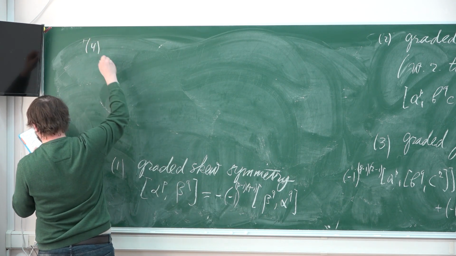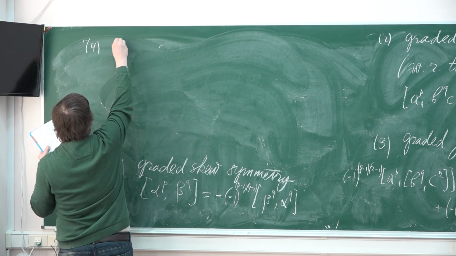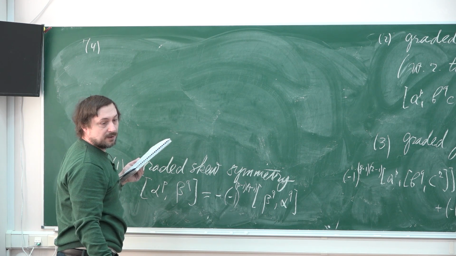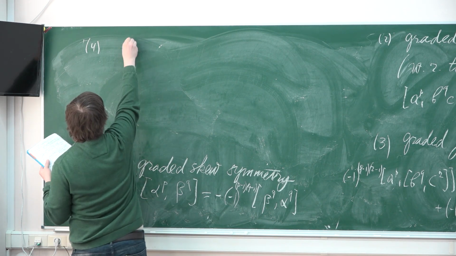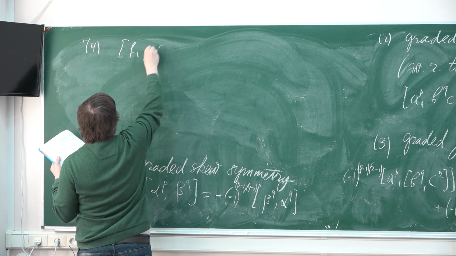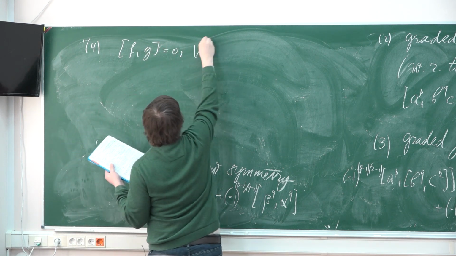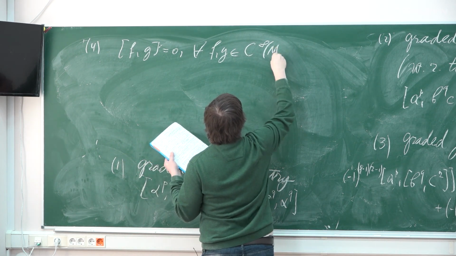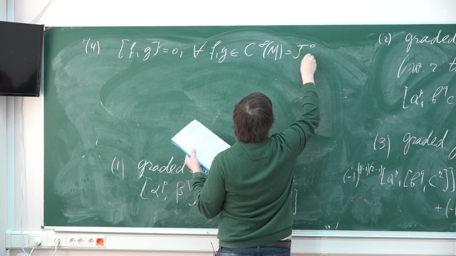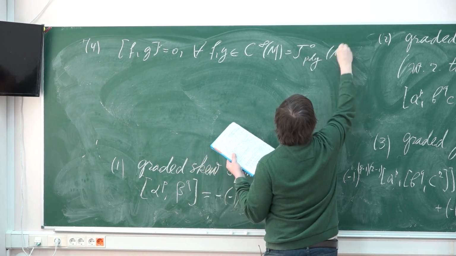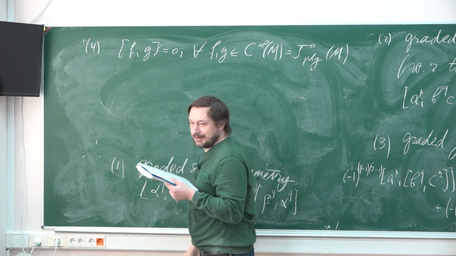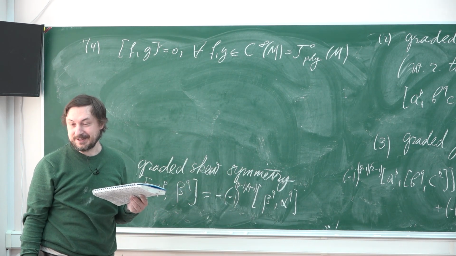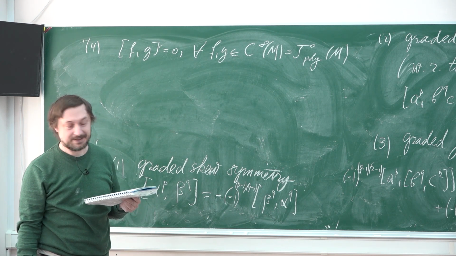So let me write down these conditions all together. First of all, if you work with degree-0 polyvector fields, then their bracket is equal to 0. That's actually quite natural, because they have degree 0, so their bracket should be of degree -1, and there is nothing in degree -1. Nothing we can do.